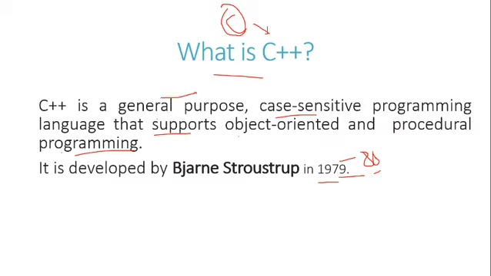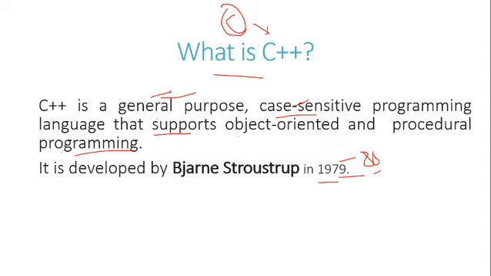Why do we call this a general purpose and case sensitive programming language? Let me discuss this first. General purpose means C++ is used to develop different applications, and also for the development of system software and application software. System software means things like the kernel and shells, and the applications that run on the kernel and shells can also be developed using the C++ programming language.